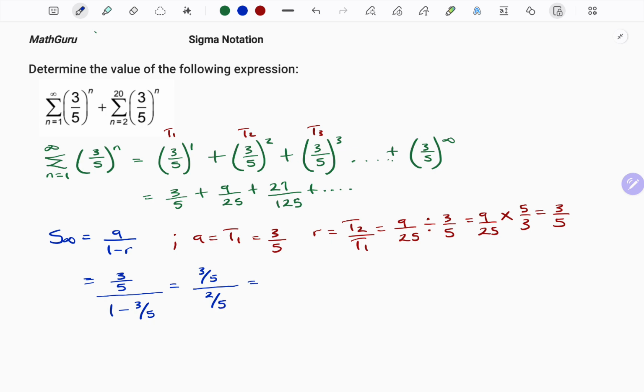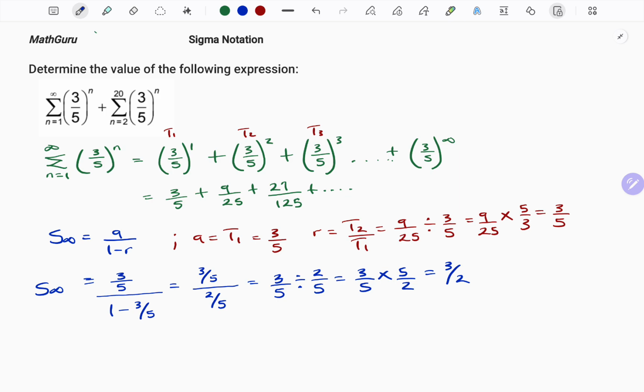That's equal to 3 over 5 divided by 2 over 5, which is 3 over 5 times 5 over 2, and that's equal to 3 over 2. So I've been able to get the value of the left term, that's 3 over 2.